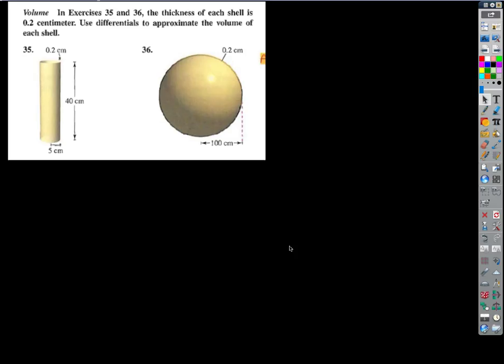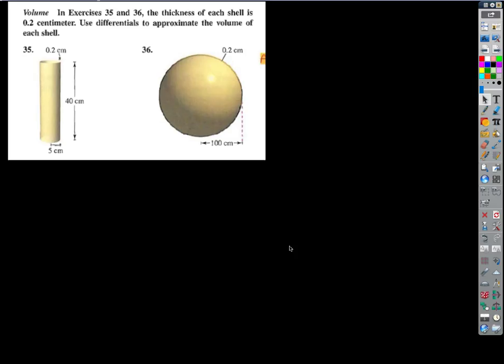Because a lot of what we do in the future is things like this, where we calculate the volume of some sphere by adding up all the incremental changes in volume as the radius goes from 0 up to 100.